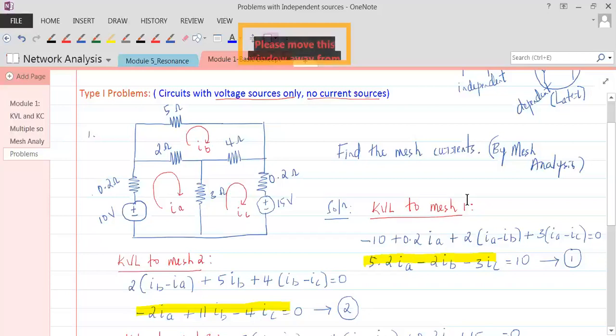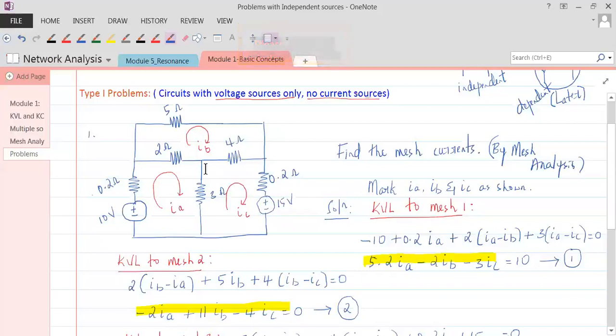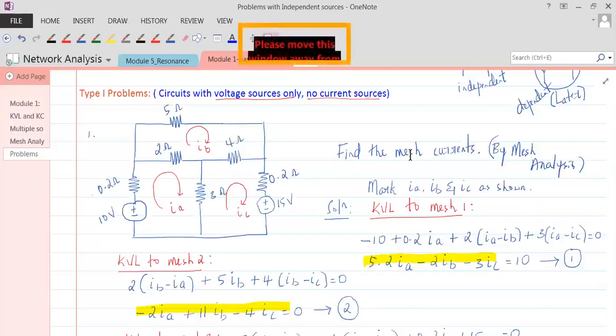So before we proceed with the solution, you have to say: mark IA, IB, and IC as shown in the solution. Without marking, you cannot find the mesh currents. Understand that? Now, let's move on with the next problem.